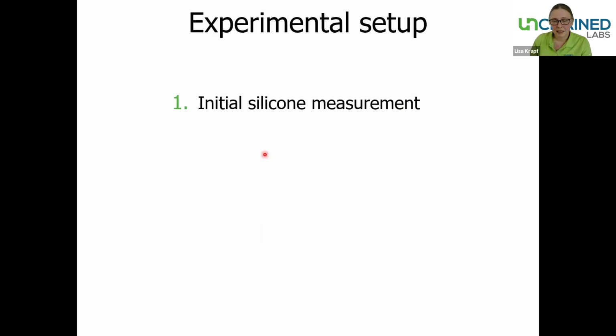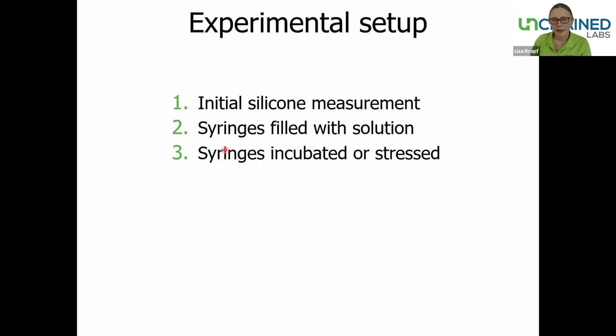The experimental setup was as follows. So before we actually filled the syringes, we did an initial silicone measurement using Bouncer. Then they were filled with the protein solution, then incubated or stressed according to the 3 different conditions I just explained.